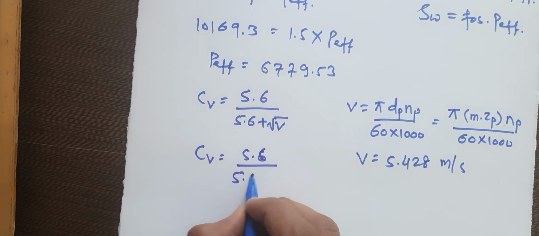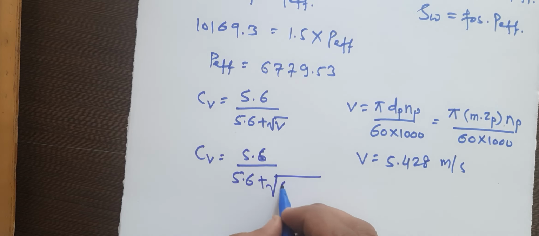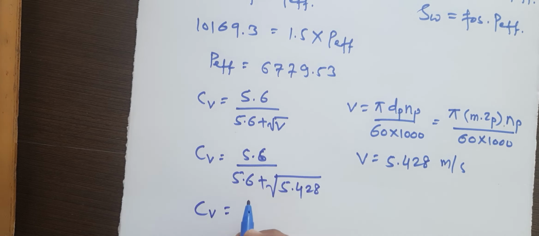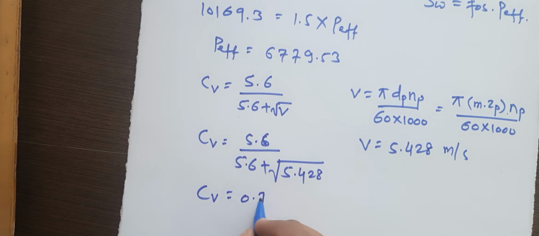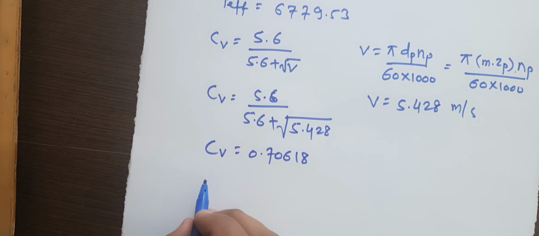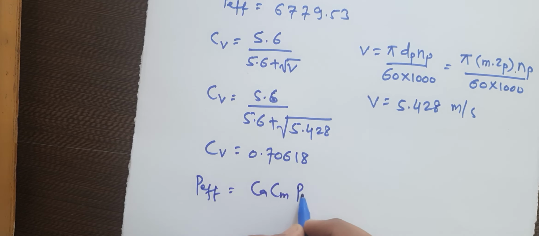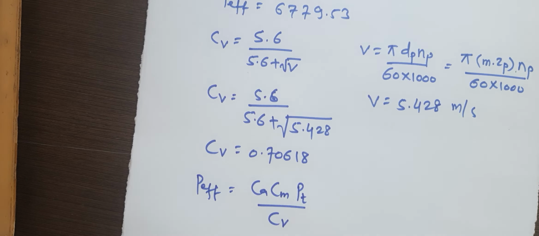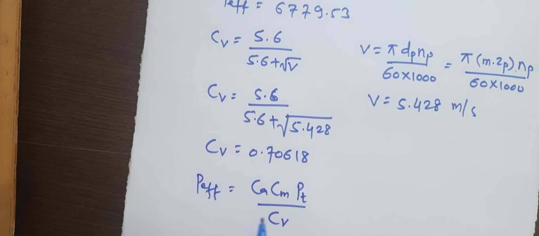Now if you substitute the velocity here, you get CV as 5.6 divided by 5.6 plus under root 5.428, which is 0.70618. Now substitute all the values in the formula of P effective, which is equal to CA CM PT divided by CV. CA is given as 1.75.